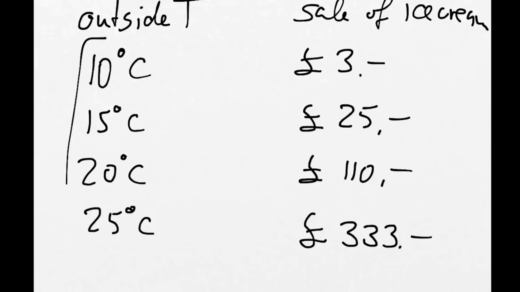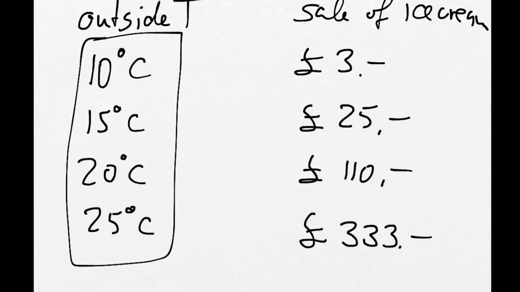This one here is called our independent variable. That is basically what we look at, what we investigate.